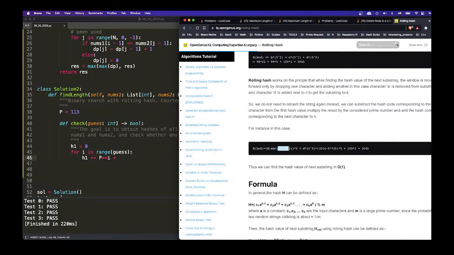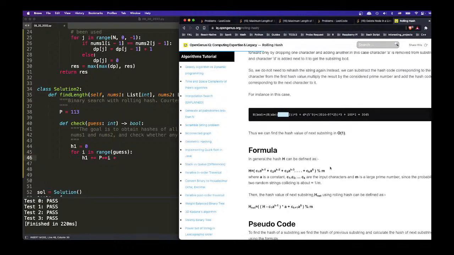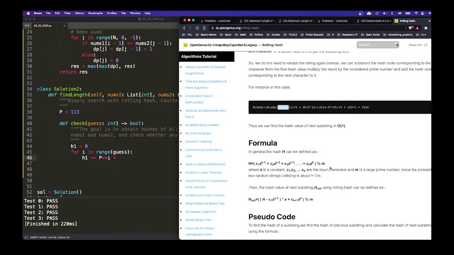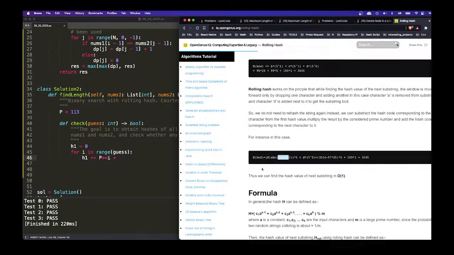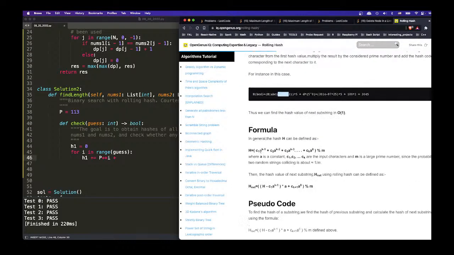Minus this times 5 plus d times 5 to the 0. I can find the next hash in O(1). Okay? Hash h. Input characters. A is a constant. A usually is a... what's that thing I was thinking about? Prime number.